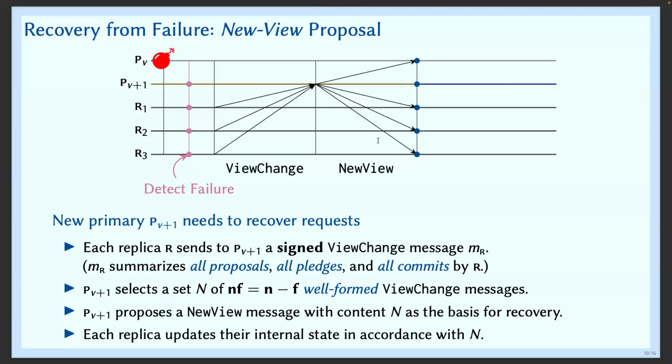Okay, so we have F bad nodes in there. What else? And then we have F plus 1. Good. And what else do we have?